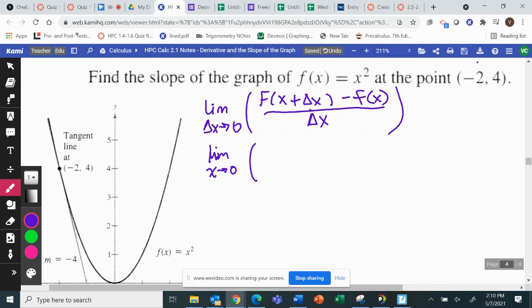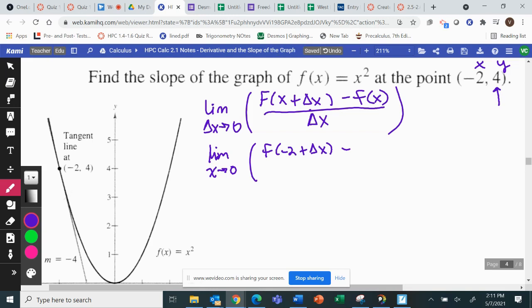So this is my x and my y. Every place I see an x, that should be a -2. So we'll have f of -2 plus delta x minus f of x, which is 4.